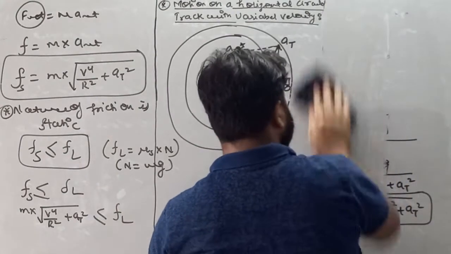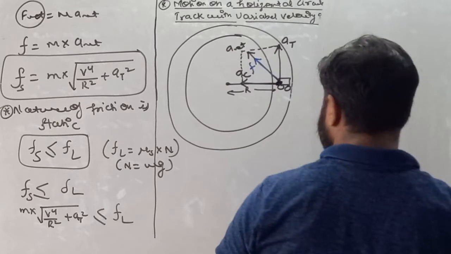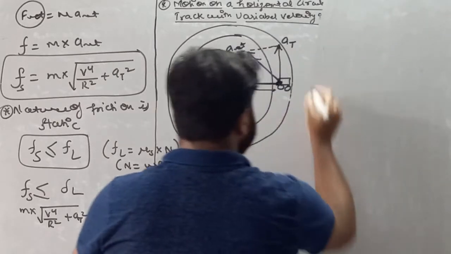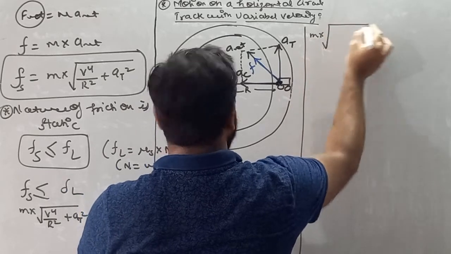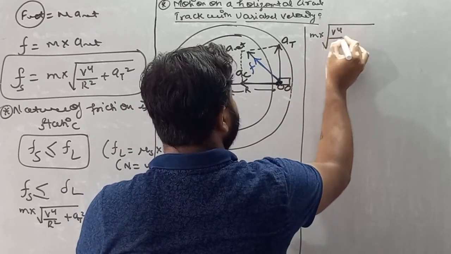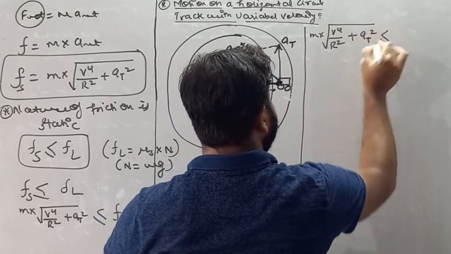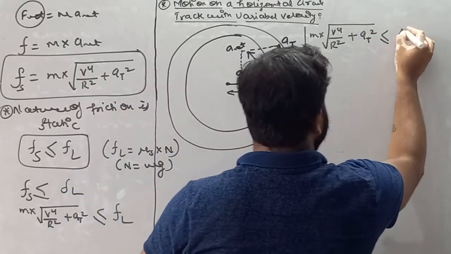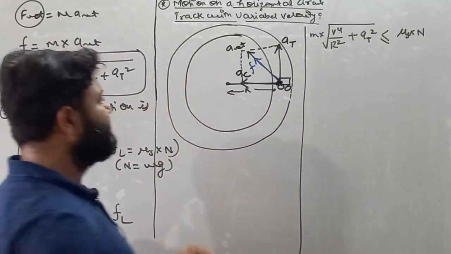Now we'll put the value of limiting friction. So instead of limiting friction we can write mu into N, and N must be equal to mg. So now we'll write m into under root v raised power 4 by r square plus tangential acceleration square, which is less than or equal to mu s into N, and instead of N we can write mg.